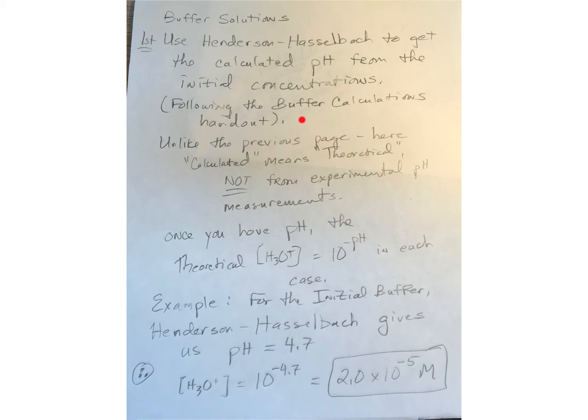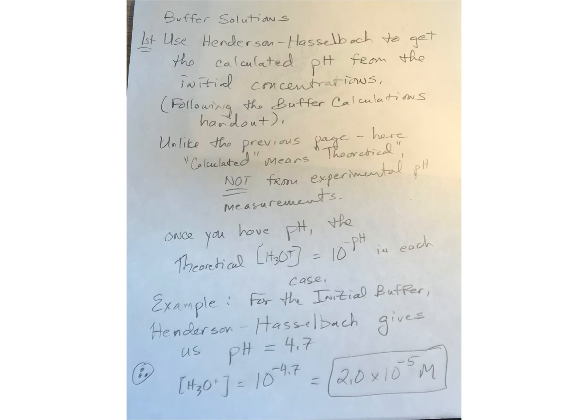So this exactly follows the buffer calculations handout, and I go through this in great detail verbally in the video. But see, here's where the confusion comes in. Unlike the previous page, here calculated means theoretical. It's not from the experimental pH measurements. So once you have the pH from Henderson-Hasselbalch, you simply get the theoretical hydronium as equal to 10 to the minus pH in each case. So I'll give you one example.